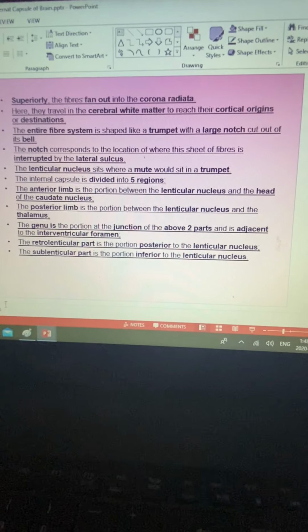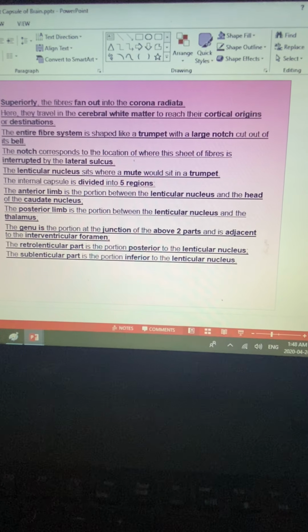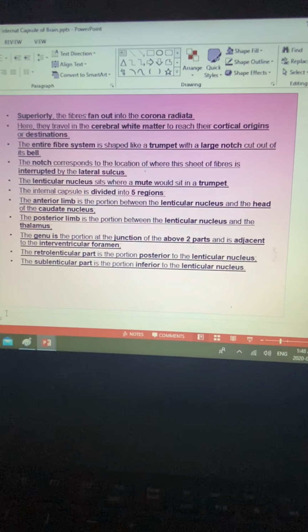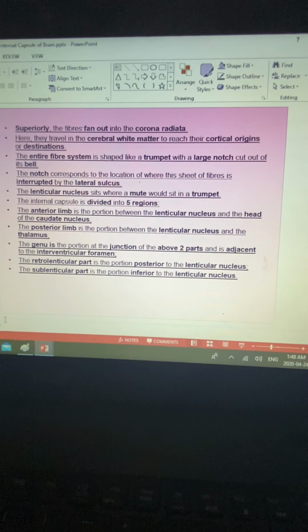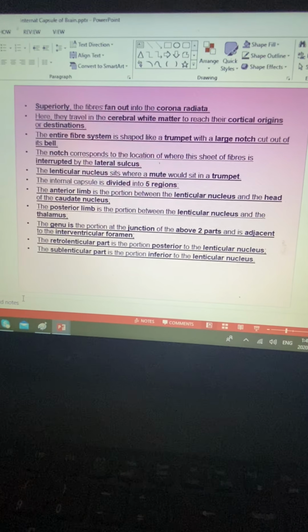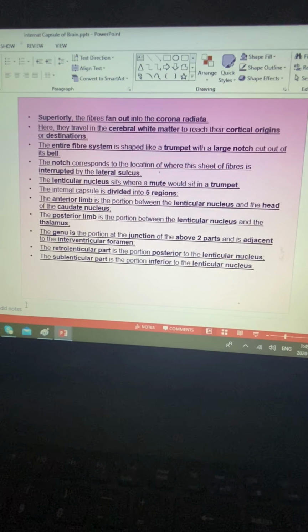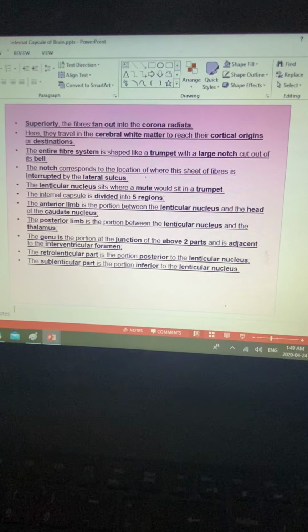The entire fiber system is shaped like a trumpet with a large notch cut out of its bell. The notch corresponds to the location where this sheet of fibers is interrupted by the lateral sulcus. Right? The lentiform nucleus sits where a mute would sit in a trumpet.